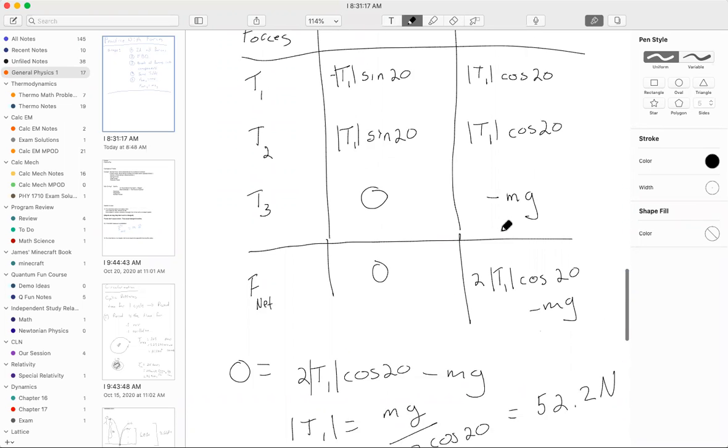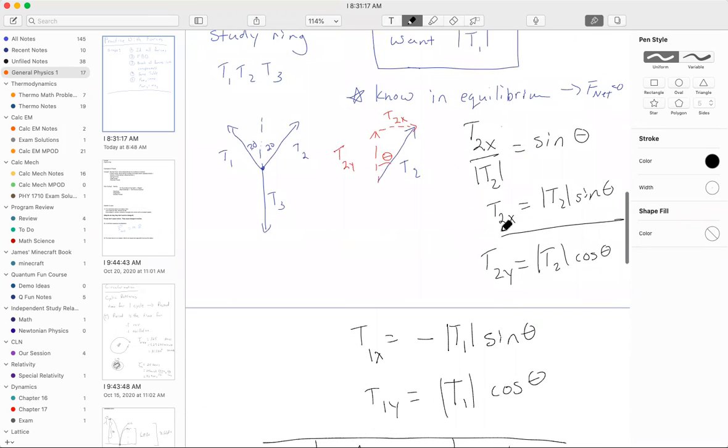Which kind of makes sense because the weight was almost 100 newtons, 98.1, and we're splitting it equally between two pieces. So you'd expect it to be something like 50. And then it's not exactly 50 because these are off at an angle, which means the actual tension on the rope is going to be more.